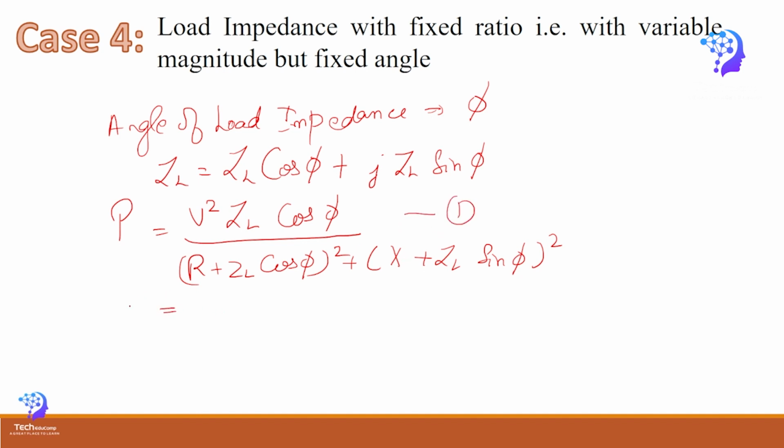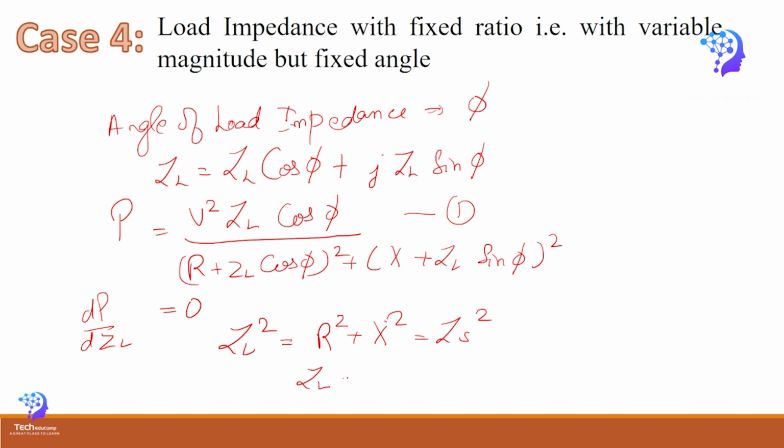So for maximum power, dP upon dZL, because we don't have RL. We have to find only in load impedance. That's why we are differentiating with respect to ZL. So what will we be getting? We'll be getting ZL square equal to R square plus X square, which will be ZS square.